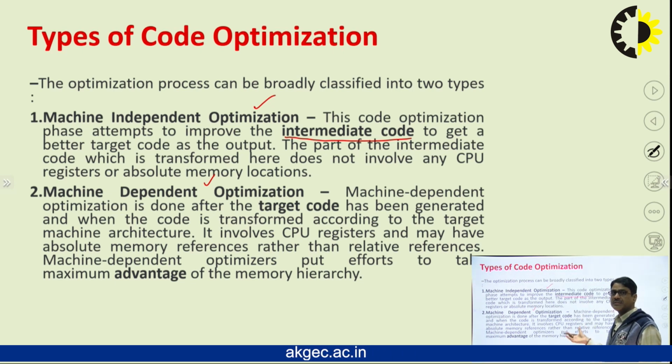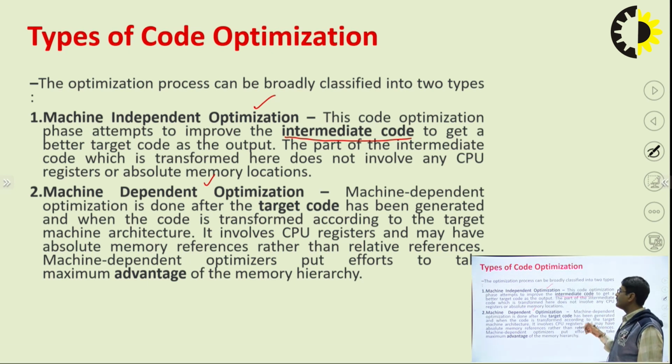That is the basic difference: one is up to the software part, the other is up to the hardware part, because hardware is involved. So every time we apply code optimization after intermediate code, it improves the intermediate code to get a better target code as the output. If this target code is very good, then there is no need for machine dependent optimization.